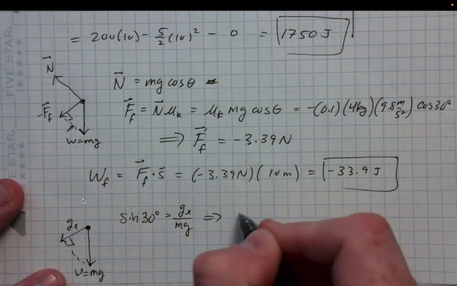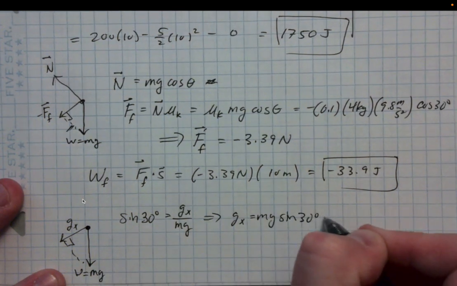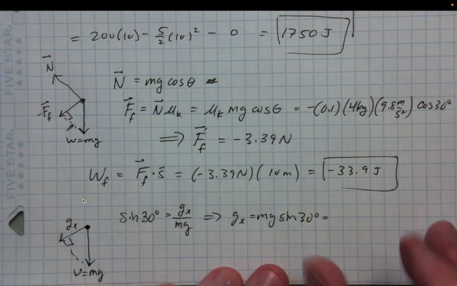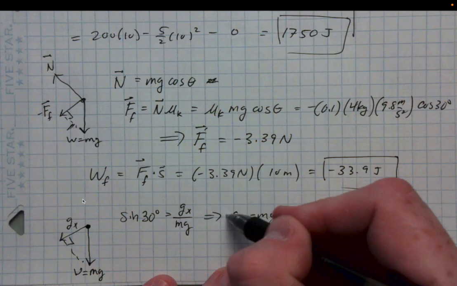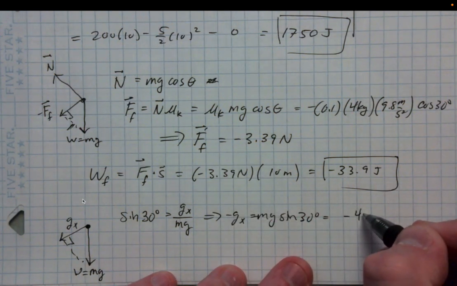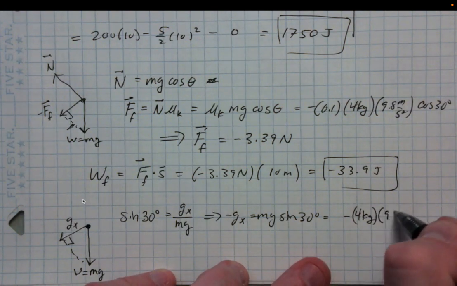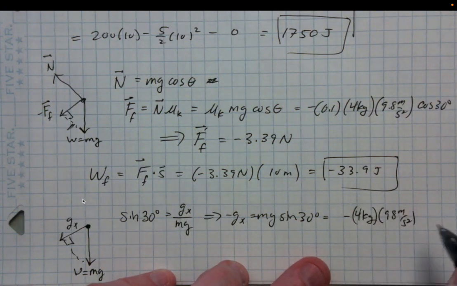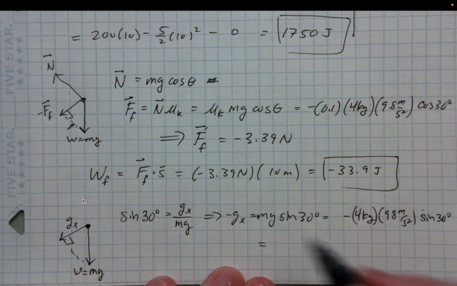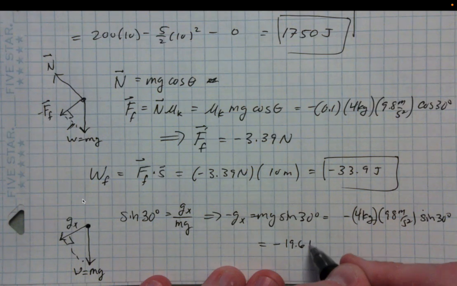So that means g sub x is equal to mg sine 30 degrees. Again, this is negative, let's be careful here. So negative 4 kilograms times 9.8 meters per second squared times sine of 30 degrees, and all of that is equal to negative 19.6 newtons.